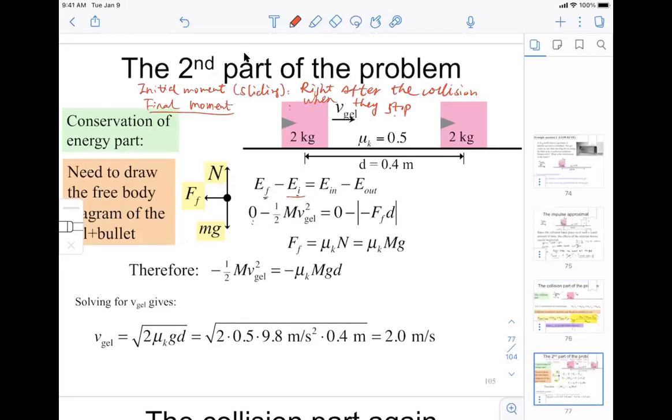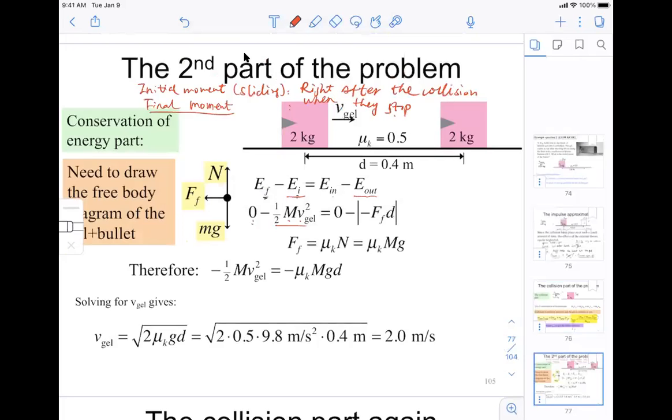To start with, the bullet and gel together are moving with the same velocity, so they have this kinetic energy. That's why I put 1/2 mv squared in initial energy. No input, again, because there's nothing that is speeding them up or pushing them. There is an output because friction is now an external force acting on the system. This friction transfers energy out of the system.